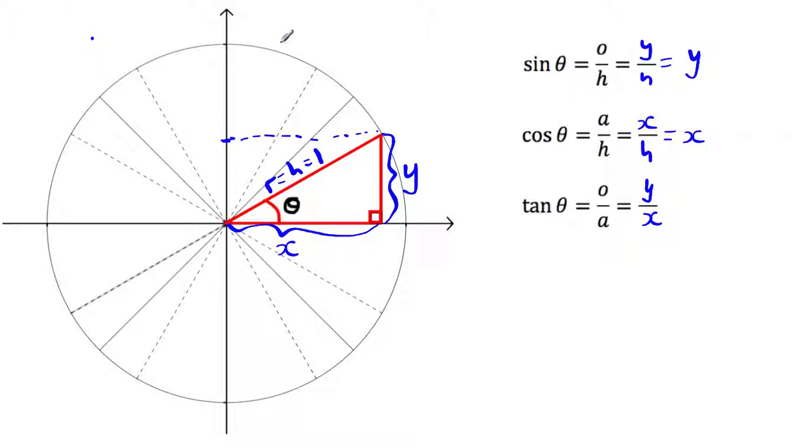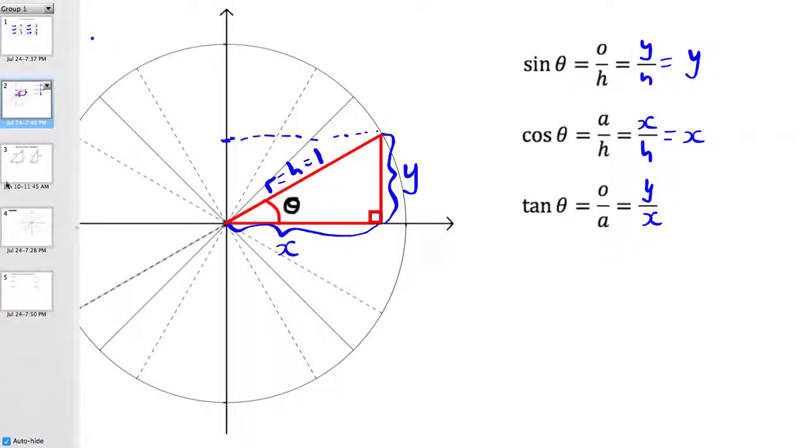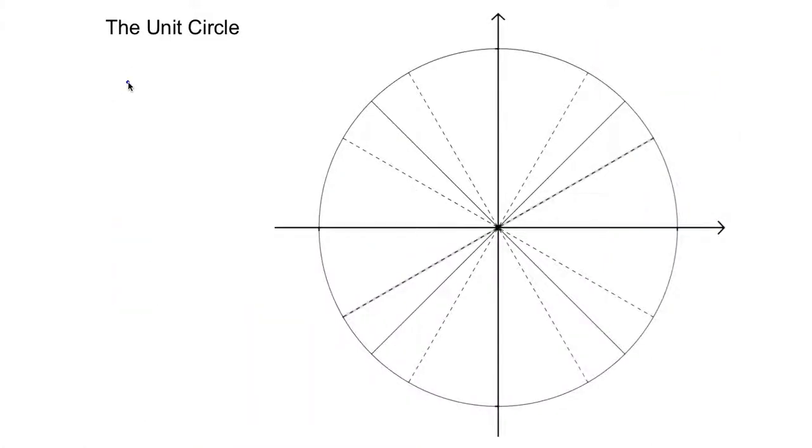So what we're going to do now is look at all the angles and then take a look at the triangles. So this is the unit circle. Previously we looked at all these different angles.